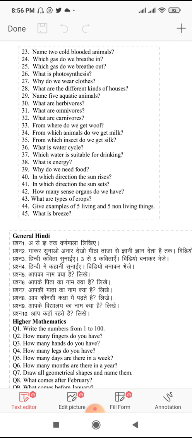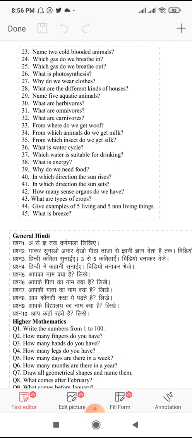Others. Name five aquatic animals. Aquatic animals are those animals which can live in water. Okay, जो water में रहते हैं, fish, okay, seal, whale, frog, ये सारे जो हैं उनके नाम लिखना है. What are herbivorous? Herbivorous are those animals which depend on the vegetation. वो herbivorous जो vegetation means plants उनका food है.